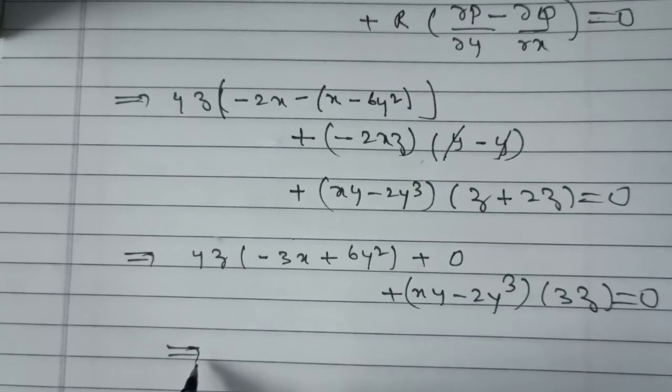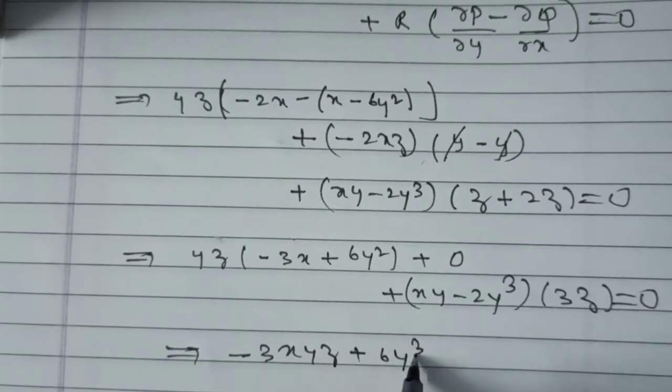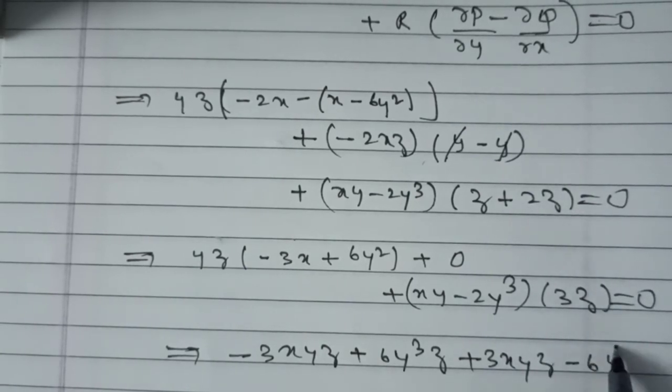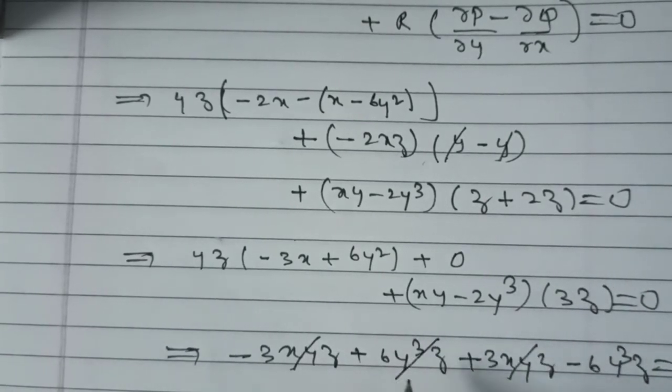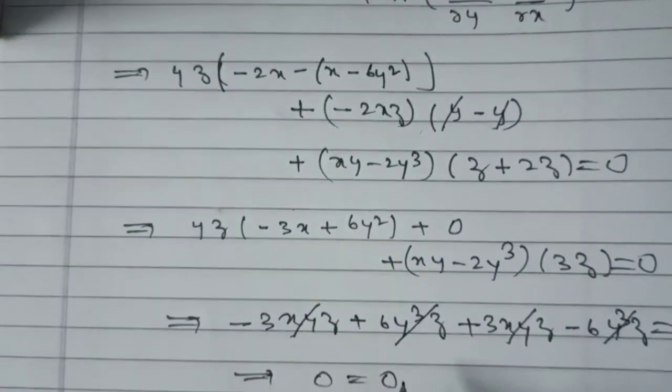This implies minus 3xyz plus 6y³z, plus 3xyz minus 6y³z is equal to 0. So the 3xyz terms cancel, and plus 6y³z minus 6y³z cancel. This implies 0 is equal to 0.